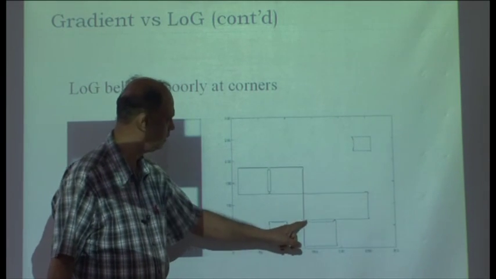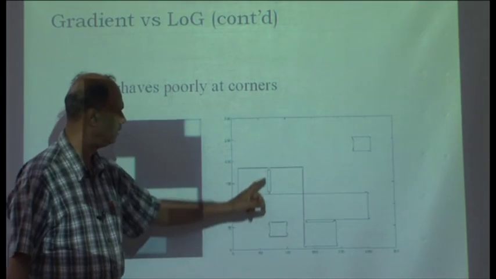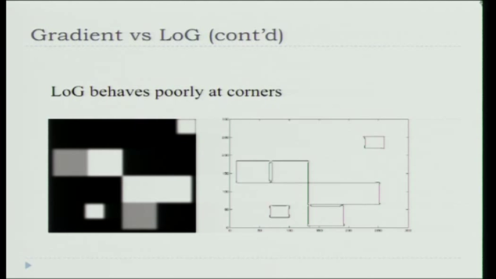Sometimes we may not need the corner components, and then LOG gives you better results, but obviously your mask will be 5 cross 5 minimum. In the case of Sobel and others, you need 3 cross 3. Here it is 5 cross 5, so it needs more computation compared to Prewitt or Sobel.